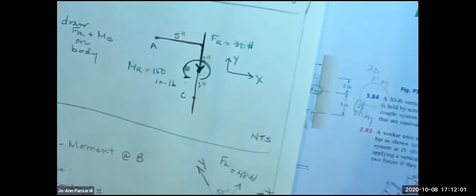Okay? Joanne, so basically for this problem, when it asks us to find the equivalent system, it's basically saying draw the resultant of the whole system at this point. Exactly. So that picture is our answer basically. Yes, because the numbers are the same. Right.